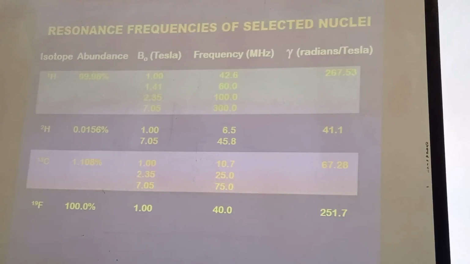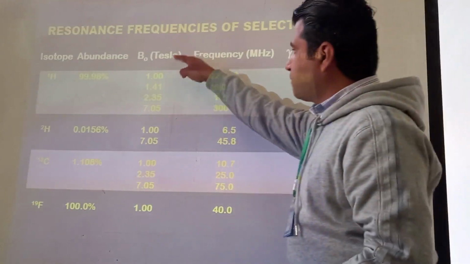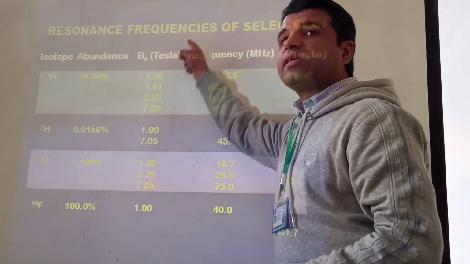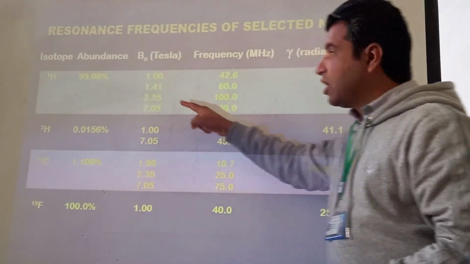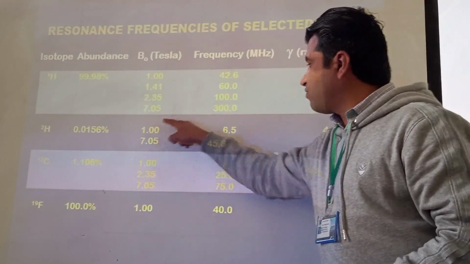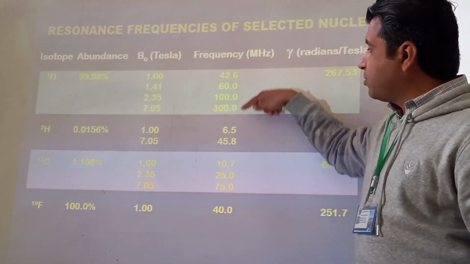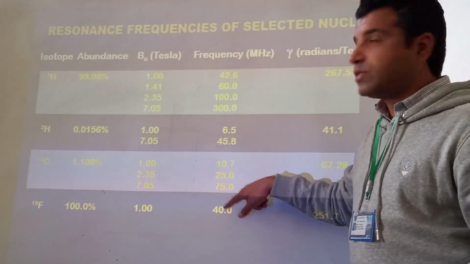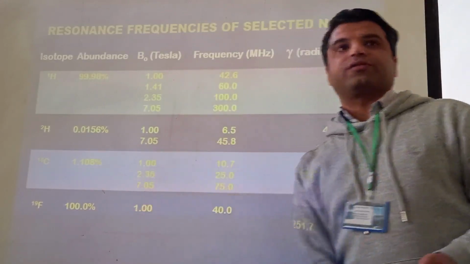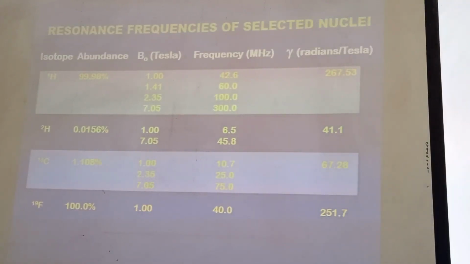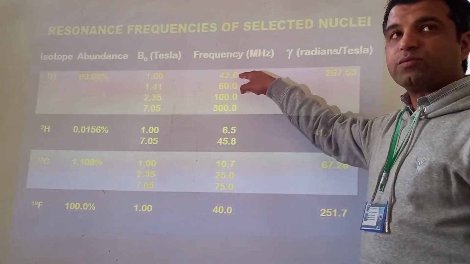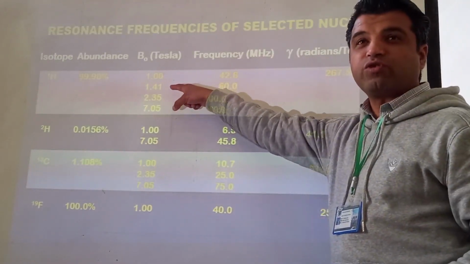Because each of these different types of nuclei under the same magnetic field strengths will have a different Larmor frequency. You can see each of them has a different Larmor frequency at the same magnetic field strength. And if each of them has a different Larmor frequency, to see proton, you have to tune your radio frequency transmitter at 42.6 megahertz if the magnetic field strength is 1 Tesla.